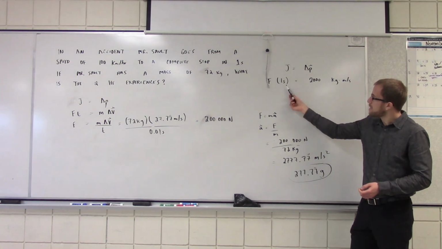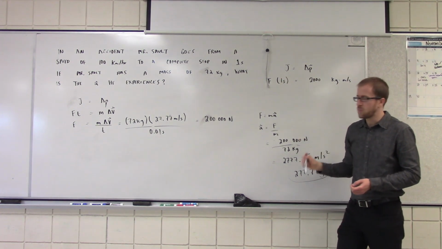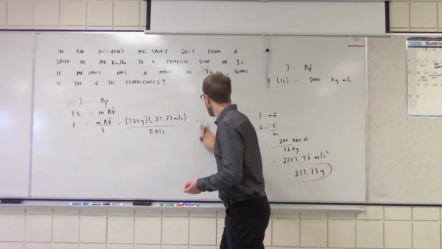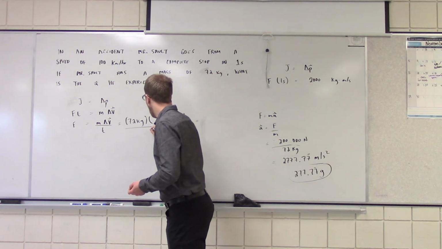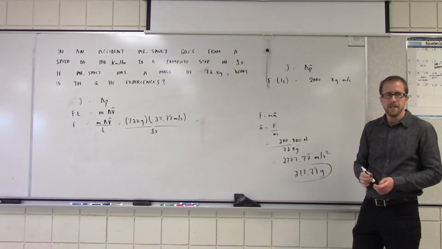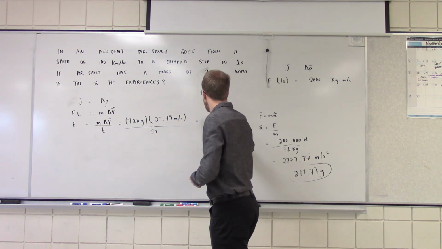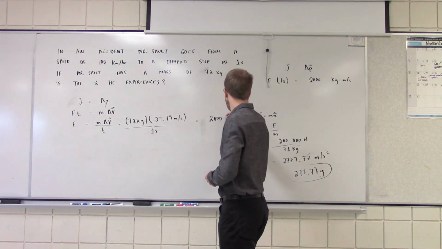So by increasing the amount of time, we've radically decreased the force I experience. So if I change this to 1 second, 72 times 27.77777, that is 2,000 newtons.